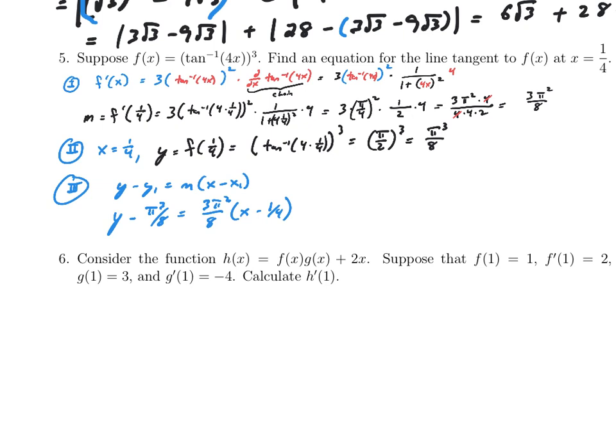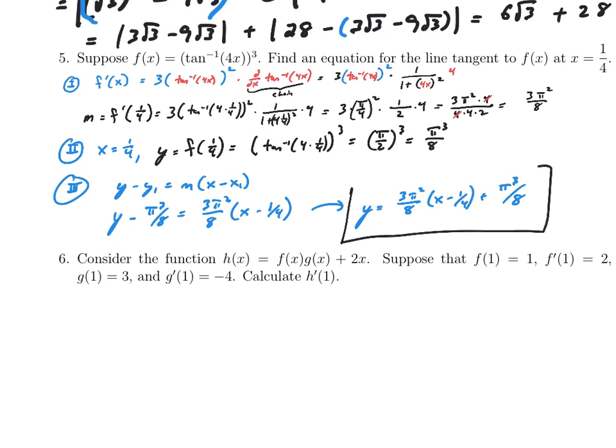And I'm not really going to simplify this, I'm just going to leave it as writing it this way so we can see it. y is equal to 3 pi squared over 8 times x minus 1/4 plus pi cubed over 8. I'll leave it like that. You can clean it up a little bit, just depends on your answers, but that's an equation of a line, so I'll go ahead and use that.